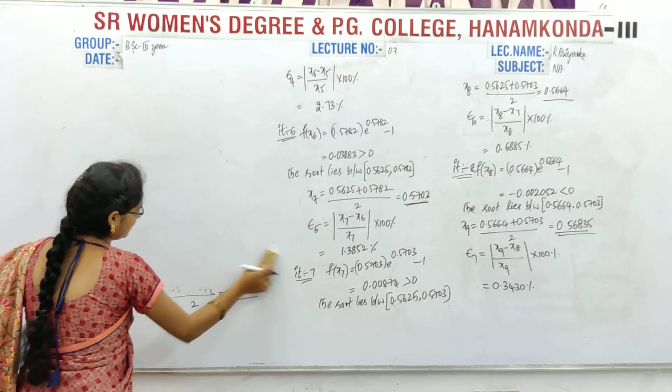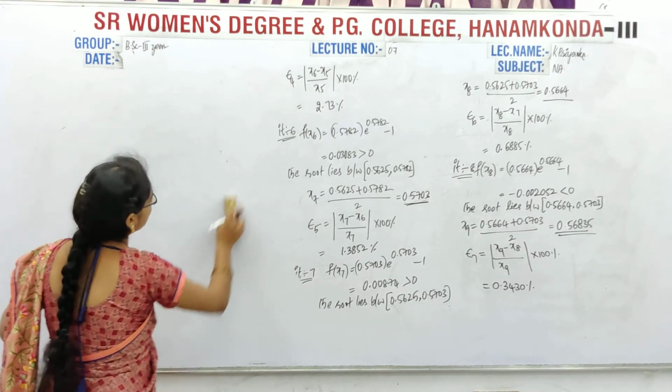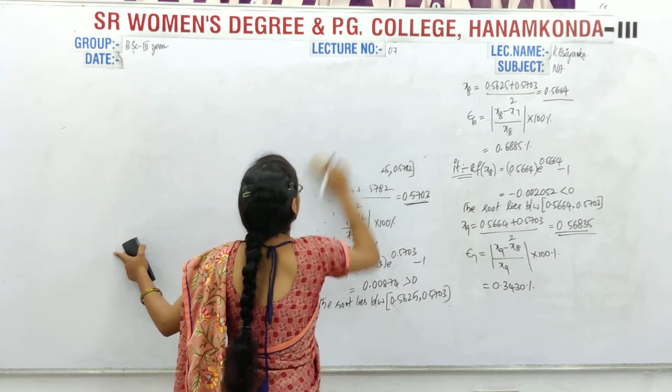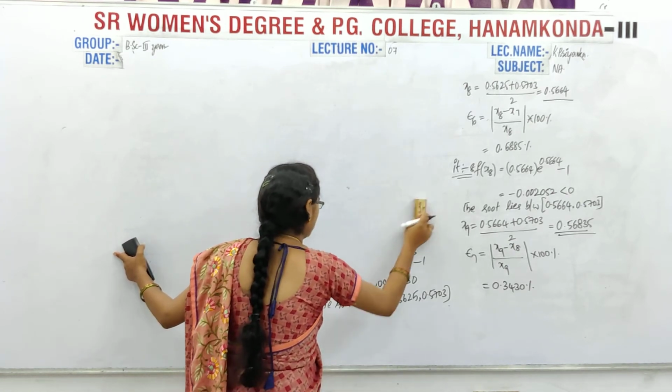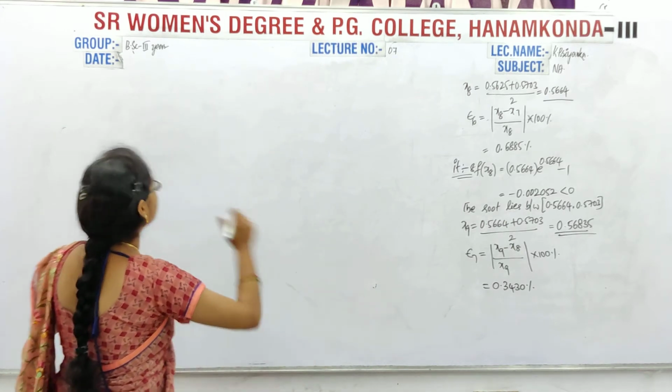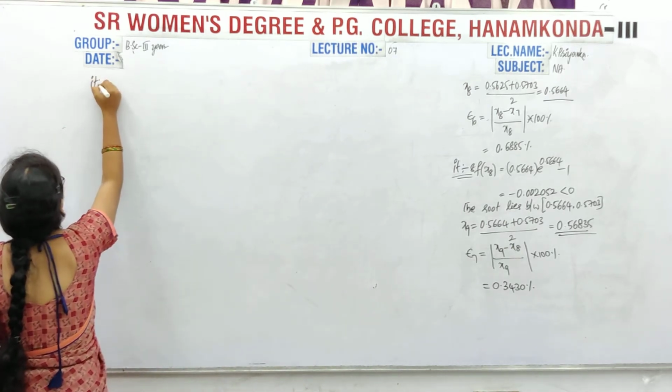The same procedure here we have to follow, but every time the value will be different and the interval will be different. So next here, iteration number 9.